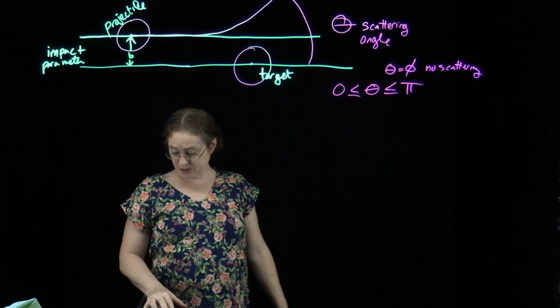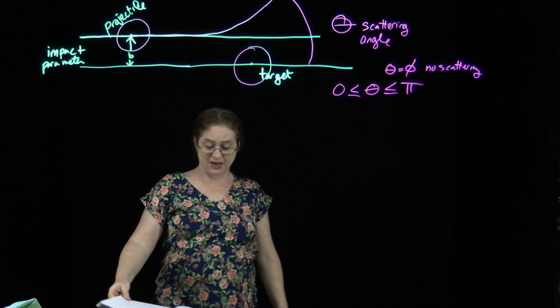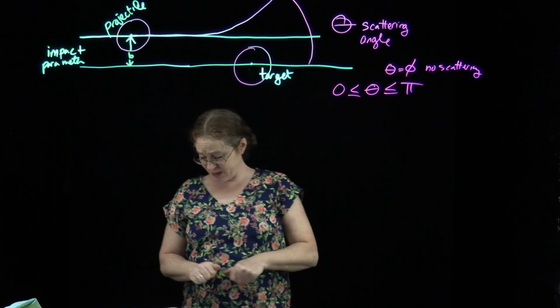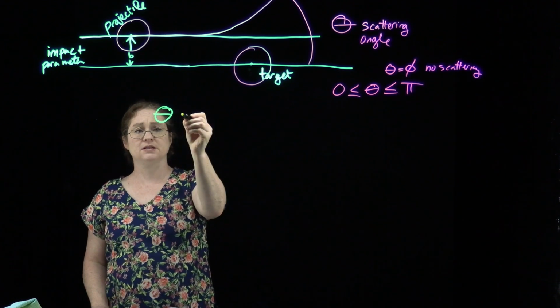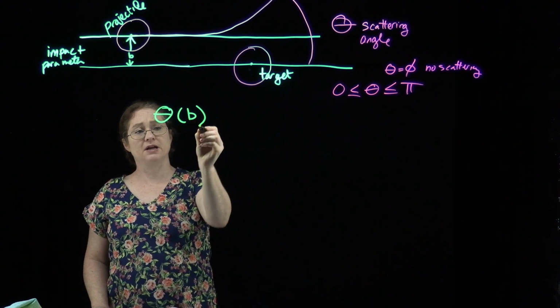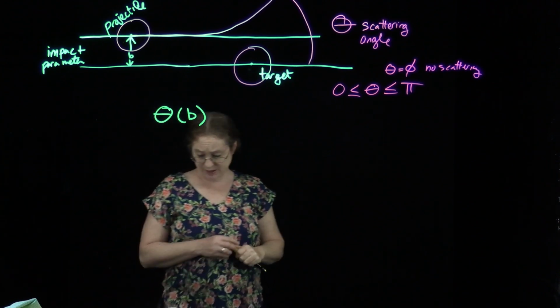And in principle, there is a unique impact parameter for each angle theta. So often what you are looking for is theta, the scattering angle, as a function of the impact parameter.